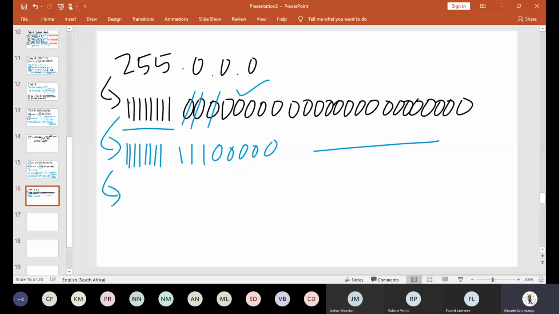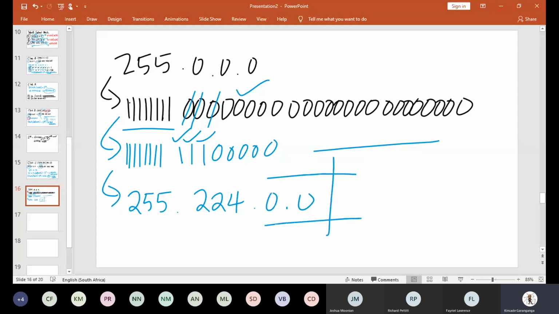So our new subnet mask would now be 255.128 plus 64 plus 32, which gives us 224.0.0. So this is now our customized subnet mask.